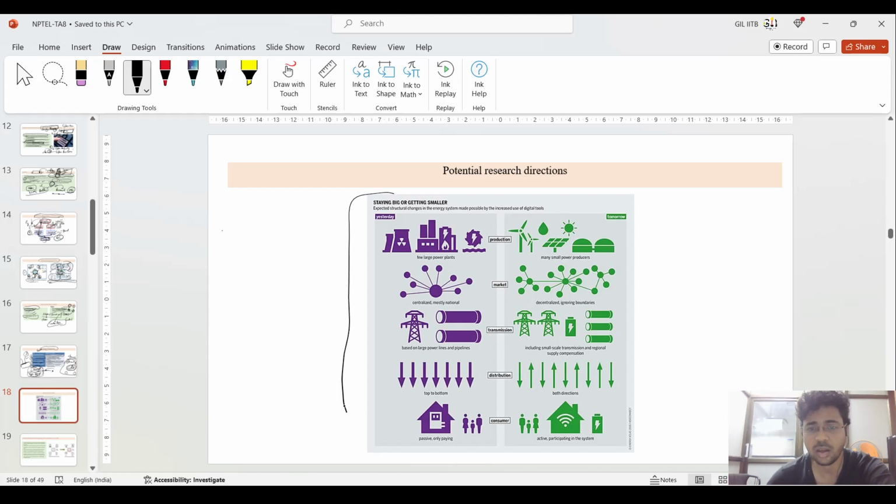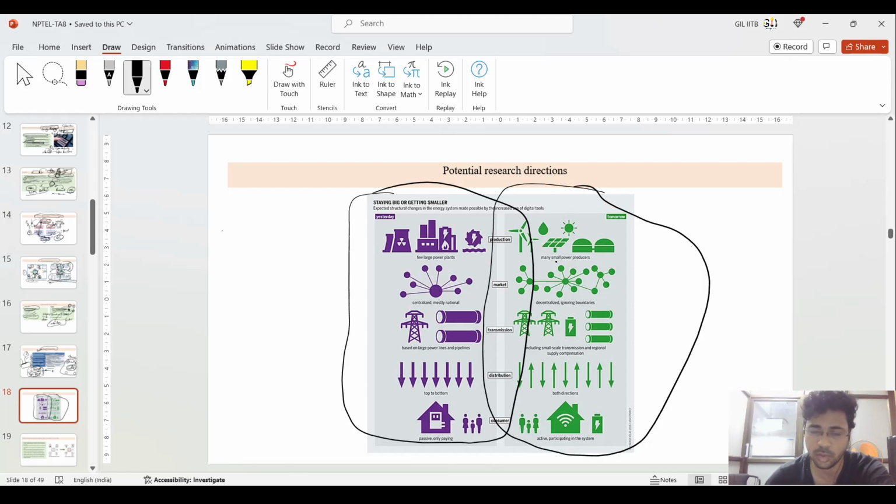Coming to our next part, that is the current situation of the power network, and what is involved in our power system network. If you see this, this is the present situation, and we have RE penetration also.